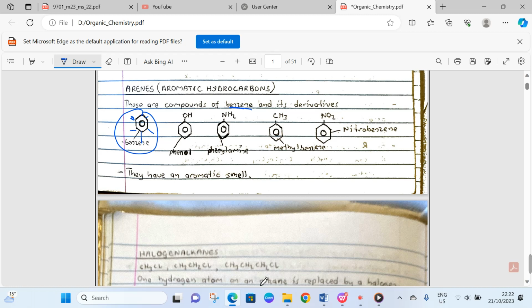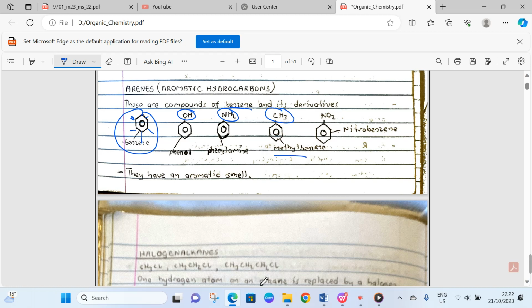One of the hydrogen atoms can be removed and replaced with an OH group here, and now it's no longer called benzene but phenol, a derivative of benzene. You can remove that hydrogen atom and replace it with an NH2 group of atoms to produce what is called phenylamine. Or you can add a CH3 group there. It's no longer benzene but methylbenzene.